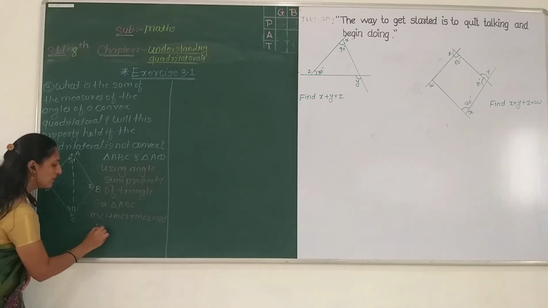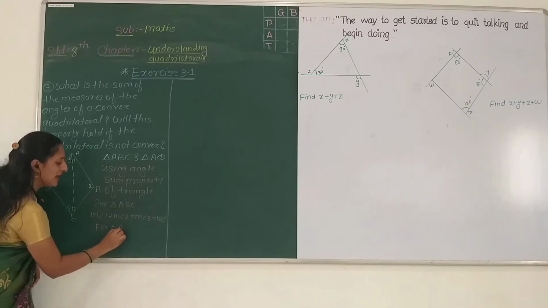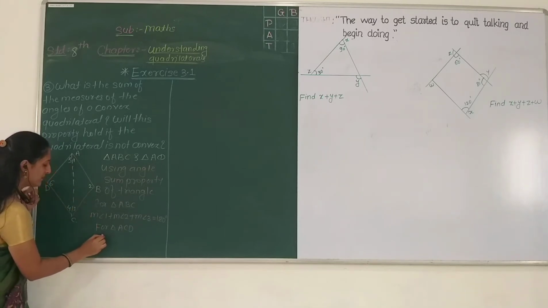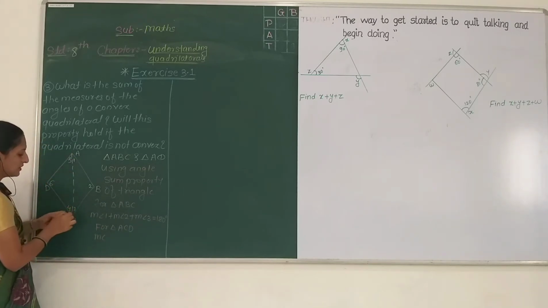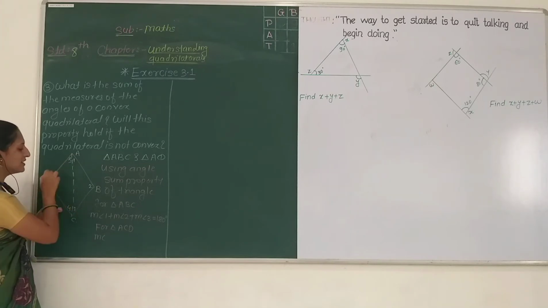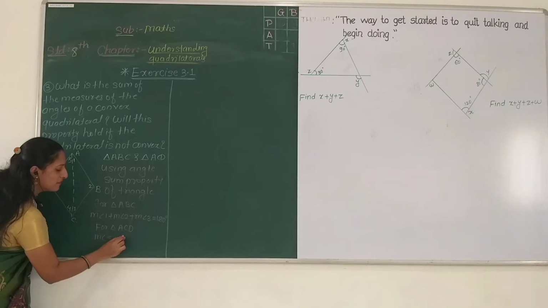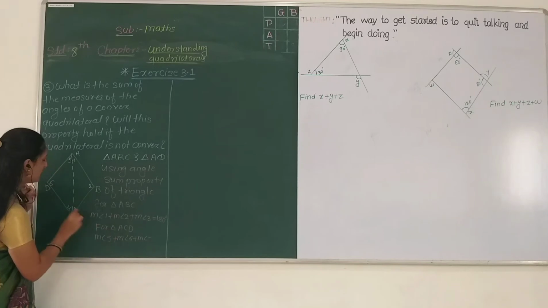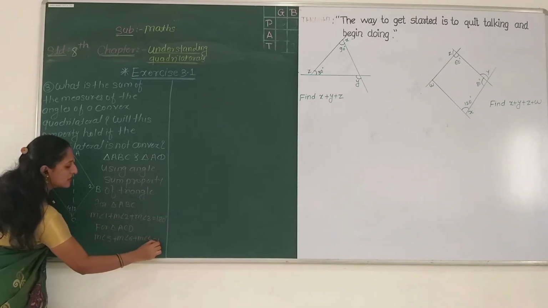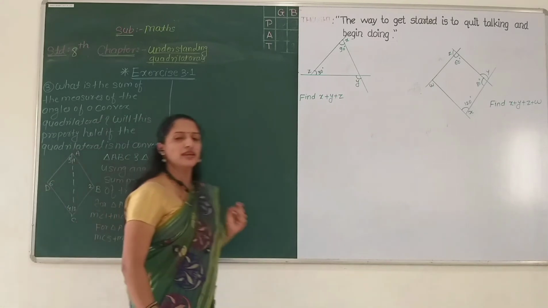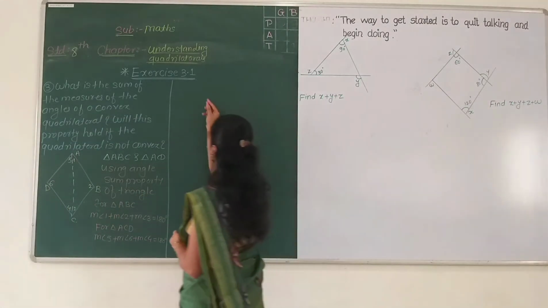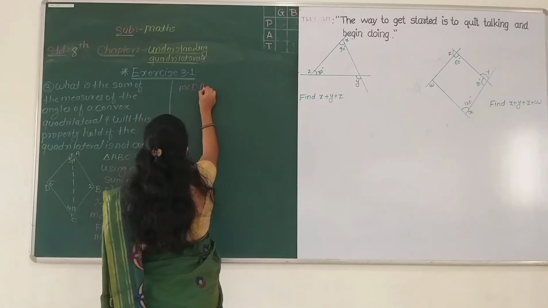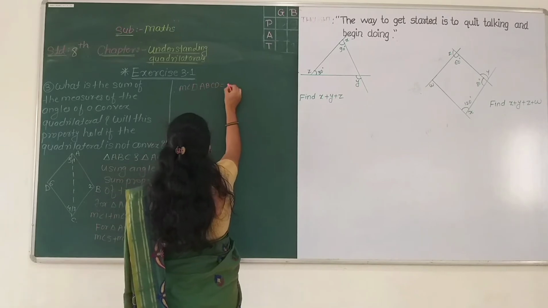Also for the next triangle, which is ACD. Which are the angles of triangle ACD? 4, 5 and 6. Measure of angle 4 plus measure of angle 5 plus measure of angle 6 is equal to 180 degrees. So the sum of the measures of the angles of quadrilateral ABCD is equal to what?